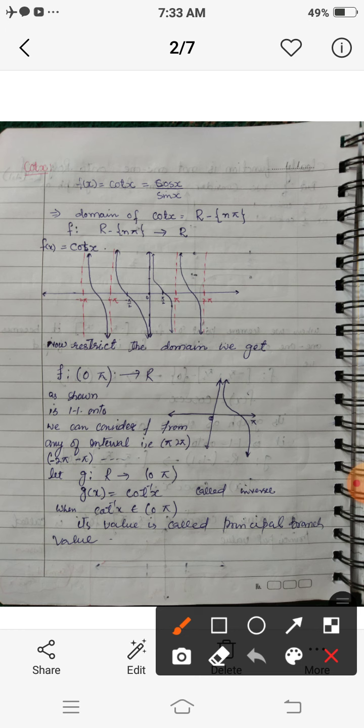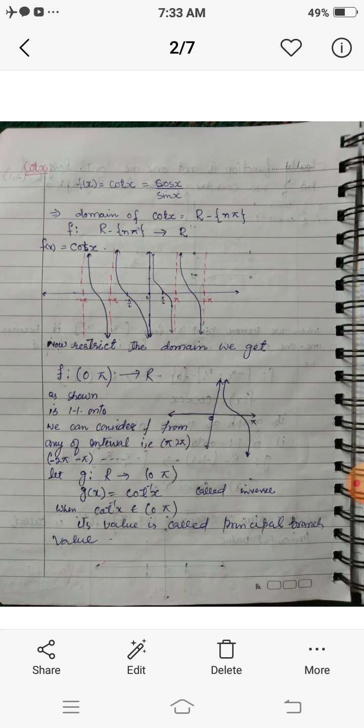Why is it not one-one? Because different elements have the same image. These are different points, and the value at these points is the same. So we have to restrict its domain.